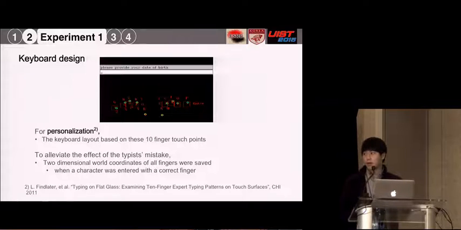It was usually arch-shaped, as you can see from the figure, and then the pre-allocation of keys was applied to the keyboard. When a key was entered with the correct finger, two-dimensional coordinates of all fingers were saved. It was to alleviate the effect of the typist's mistakes.